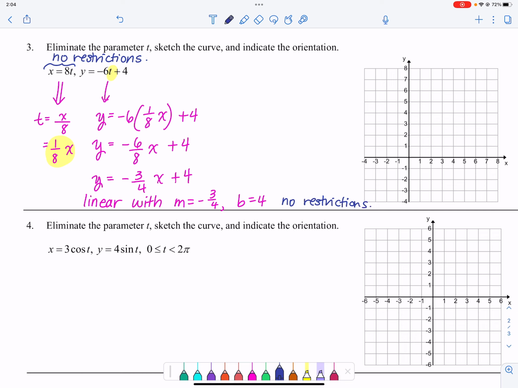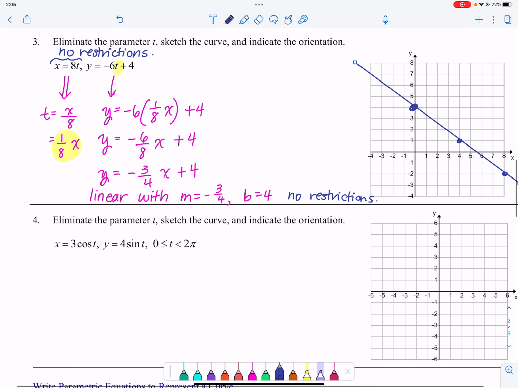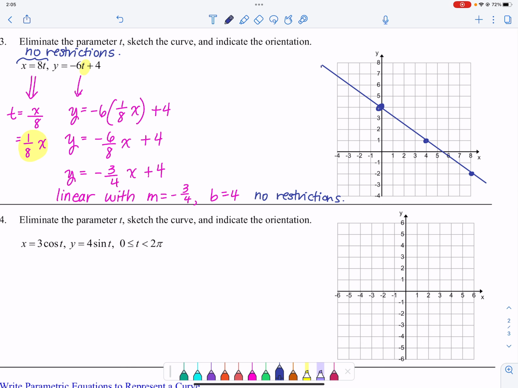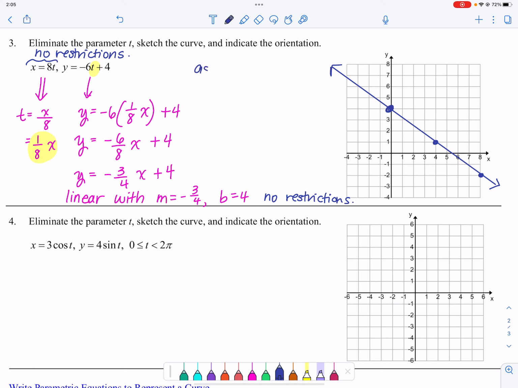So let's plot a point. We'll use the y-intercept, then we'll go down 3, across 4, down 3, across 4, and now we are going to connect all of these points and have this complete line look like this. Now, as t increases, x is going to increase, as you can see right here.